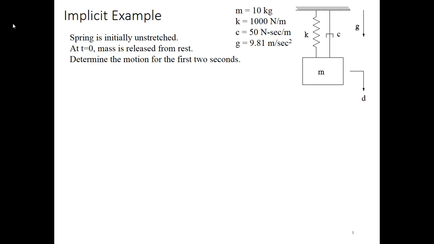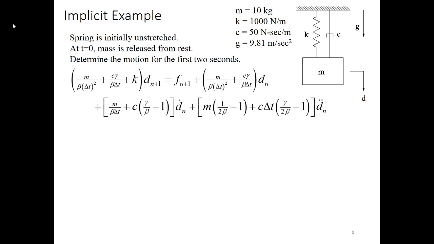The spring is initially unstretched. I'm going to release the mass, and I want to see what happens to that mass for the first 2 seconds. Now we can predict this using other equations, but let's use FEA to see what we get for a result. So again, this is the equation that we have for calculating the next time step.